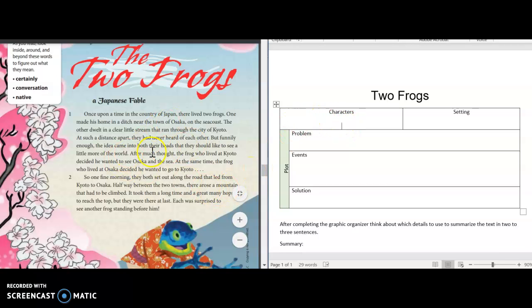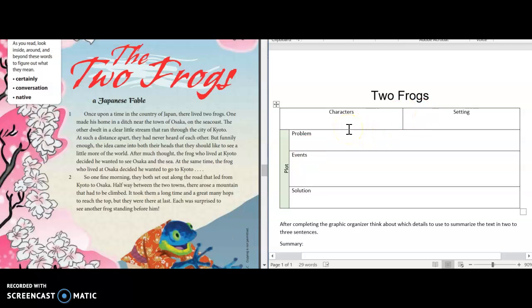And you were supposed to fill out this graphic organizer as you were reading this fable. We learned that I don't think the characters had names, but we can just call them the two frogs. And the setting, we know, were those two towns in the country of Japan. So in Japan, and that's a proper noun, that should be capitalized.